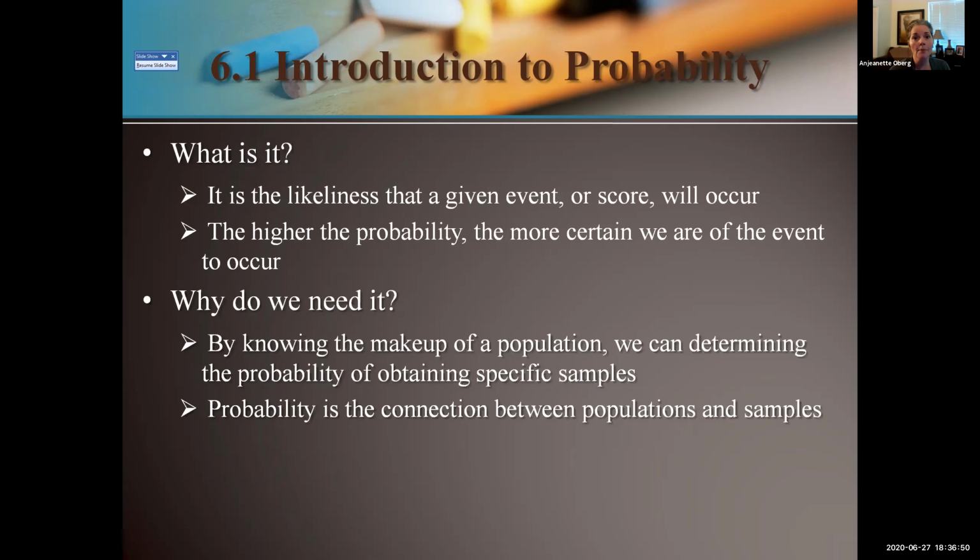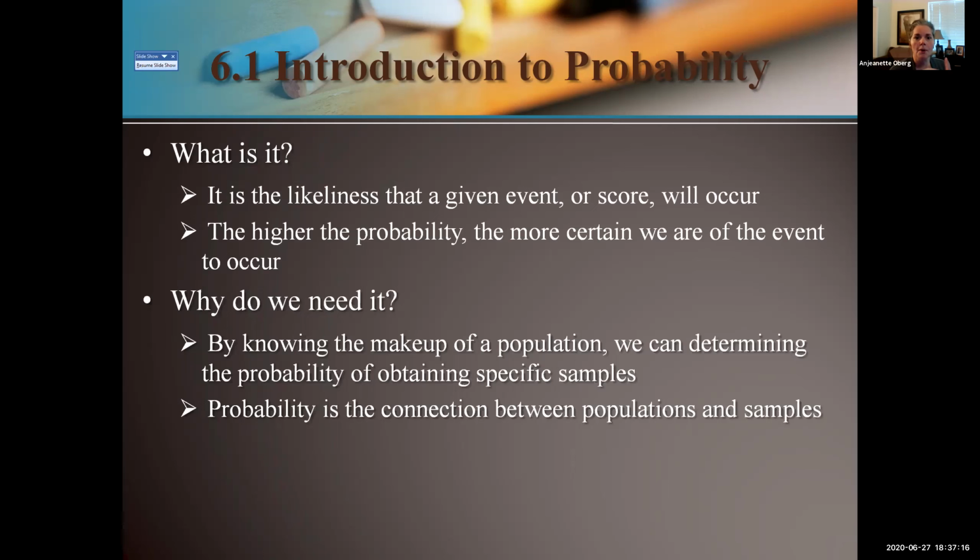In other words, the probability that you're going to pull a score that falls within one standard deviation is about a 70% chance, right? Or I said that 95% of the population falls within 2 standard deviations. So if you randomly pull someone, there's a 95% chance that they're going to fall within 2 standard deviations.